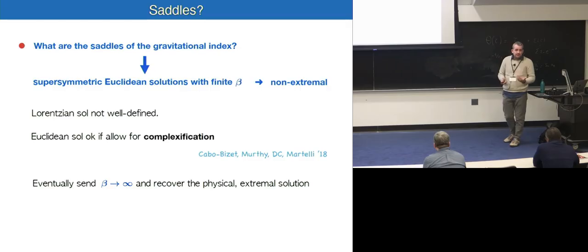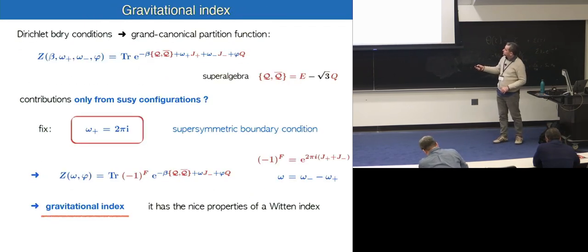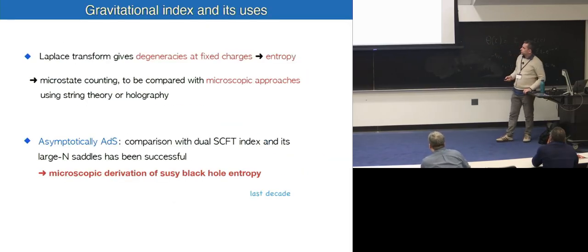They should be Euclidean, or at least have this compactified Euclidean time. And they should have a finite beta, because in order to contribute to this partition function, at least as originally defined, it needs a finite beta, although eventually the result does not depend on beta. So we are also free to tune beta in different ways.